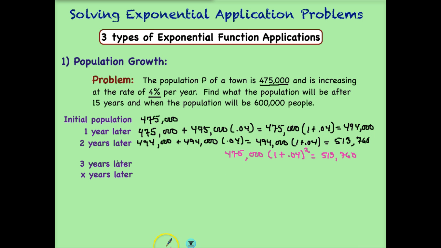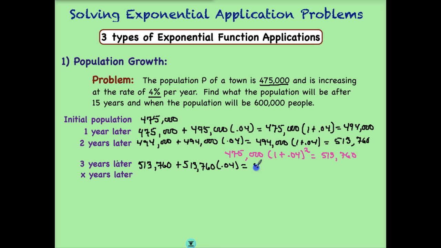So let's look at year 3. In year 3, if we did it the previous way, we would say that we have 513,760 people plus 100% of that times a 4% growth rate.